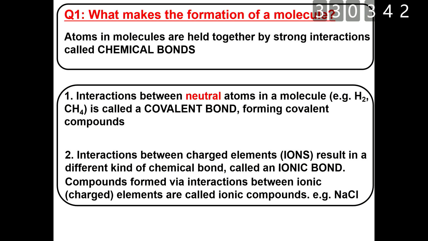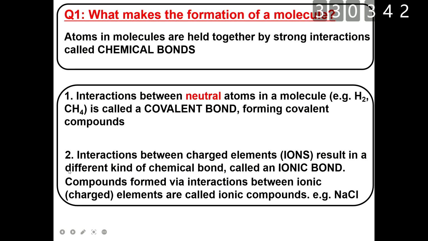Between neutral atoms, so this means basically there is no electron transfer between the atoms. So we call it the covalent bond. So they form the covalent compounds, like hydrogen, right? And many gases, all of them are covalent compounds.